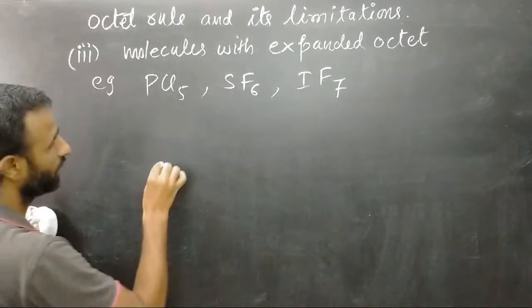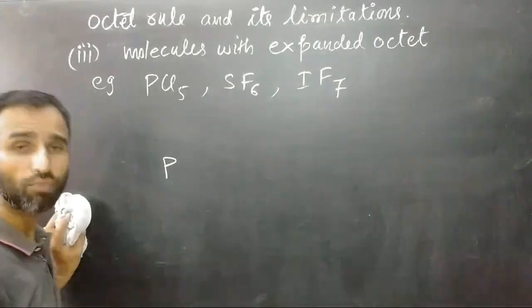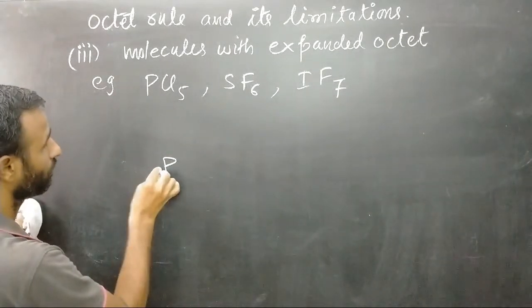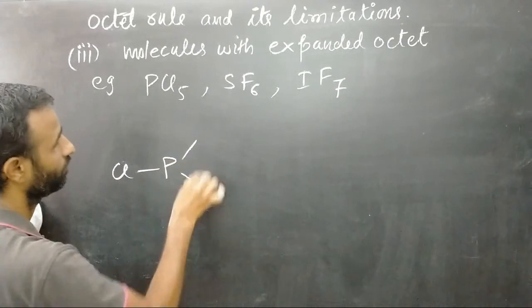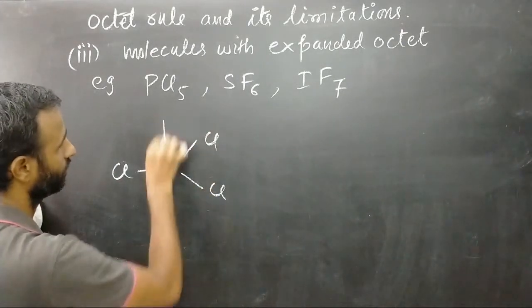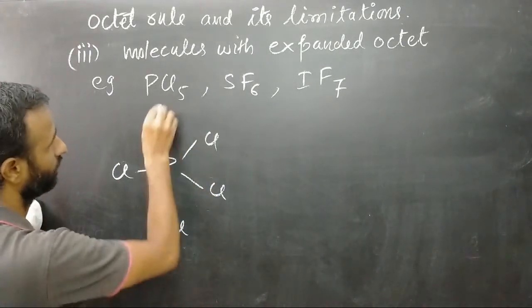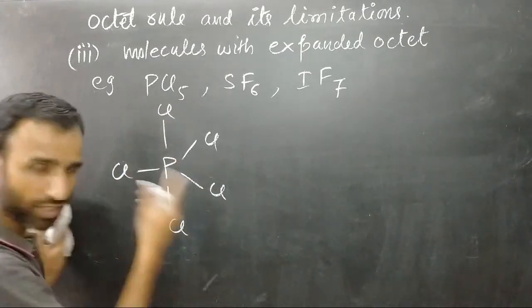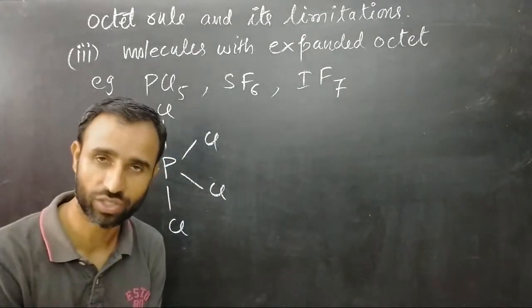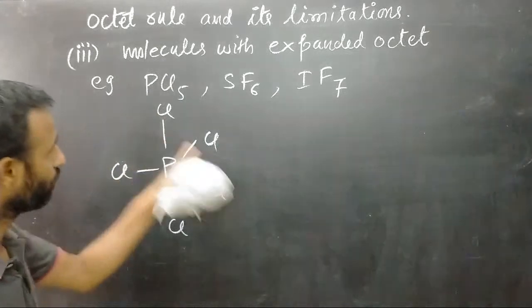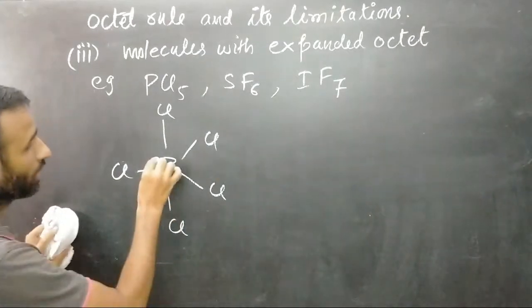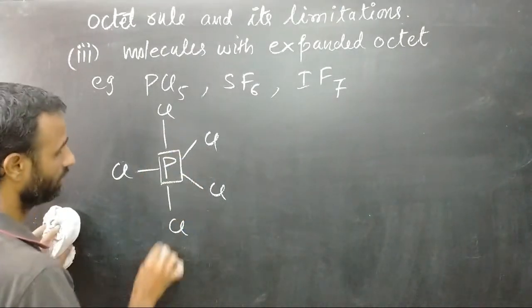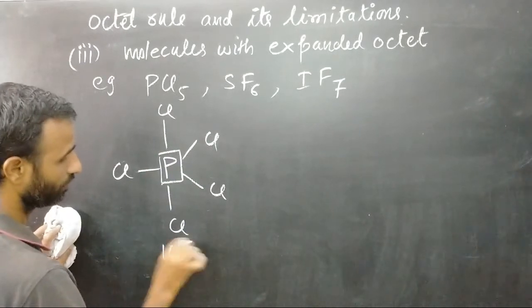For example, in PCl5, phosphorus has 5 valence electrons, so it forms 5 bonds. Why the structure is like this, I will explain in the next lecture. In PCl5, around phosphorus there are 10 electrons.